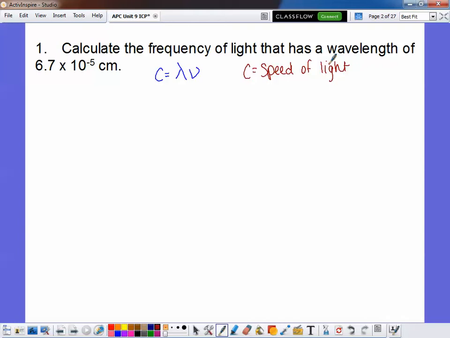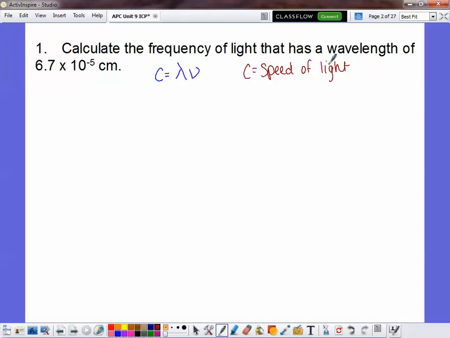Now, is the speed of light constant? Can the speed of light change? The speed of light does change depending upon the medium, the material, that the light is traveling through.